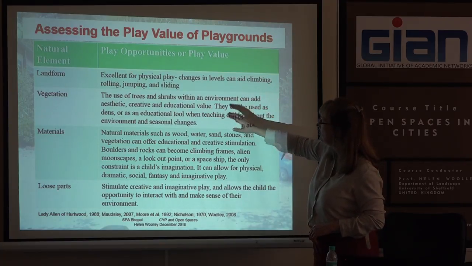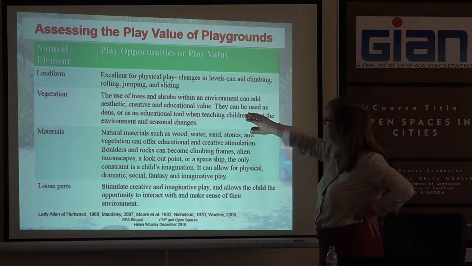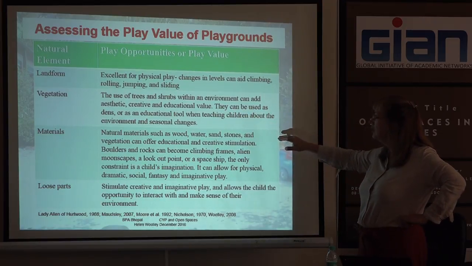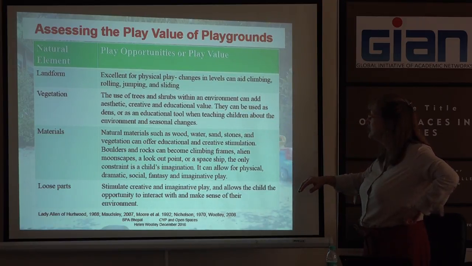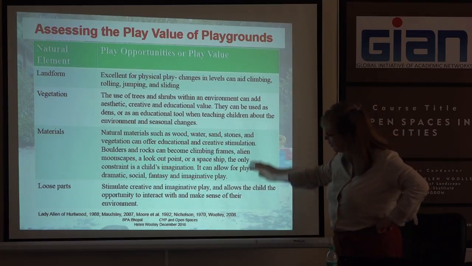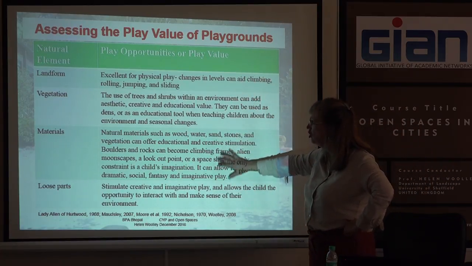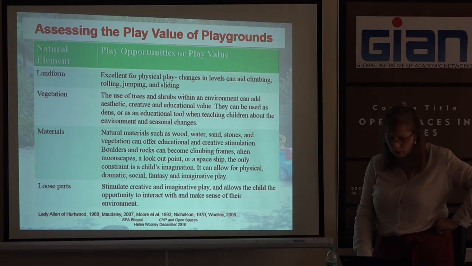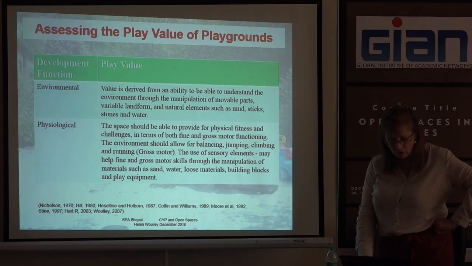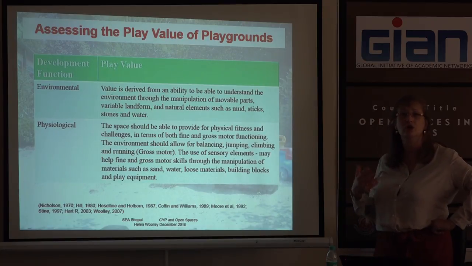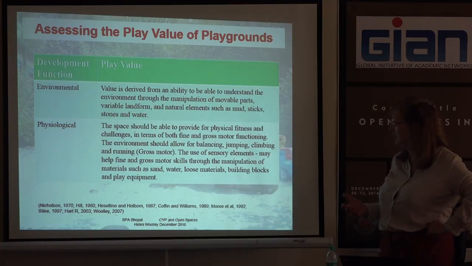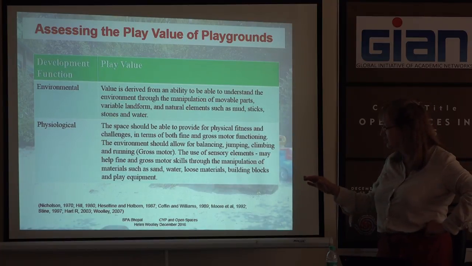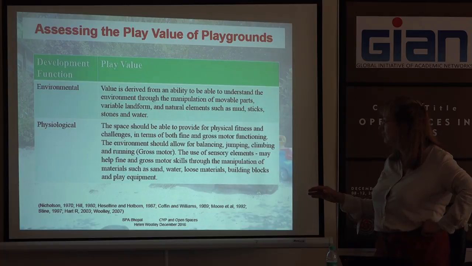Vegetation can add aesthetic, creative and educational value, and can be used as dens or as an educational tool in teaching. So that is from the literature we found on why these particular elements in the landscape are important. Then we also looked at play value, and different people have tried to explain what play value is. There's a range of work there that we've looked at.